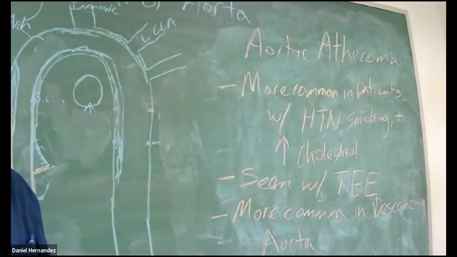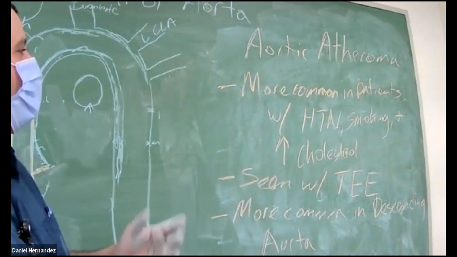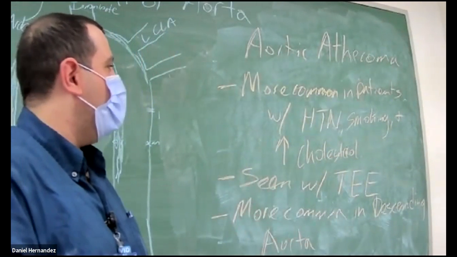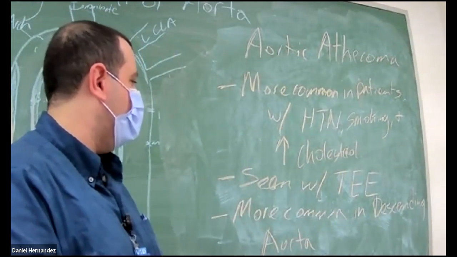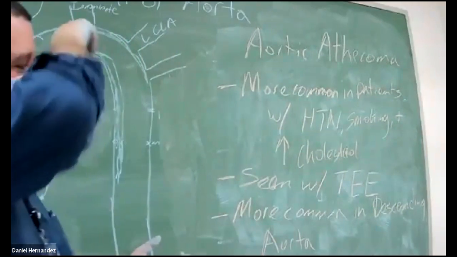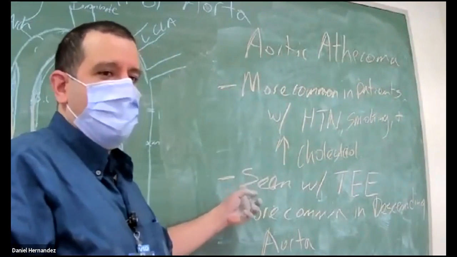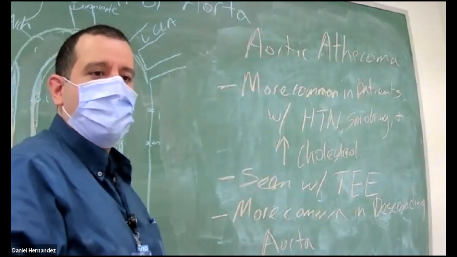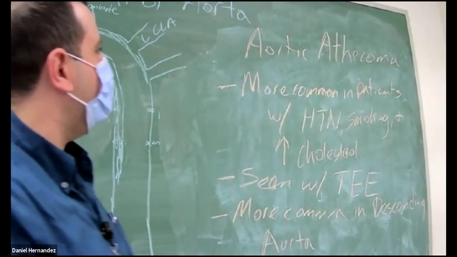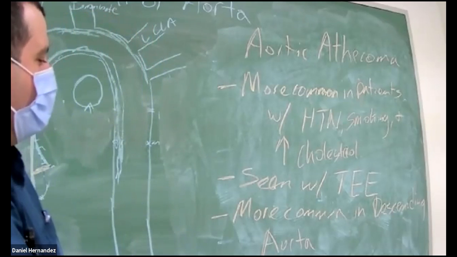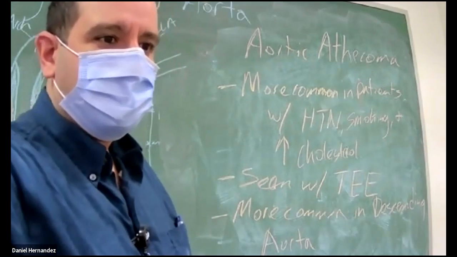This is atherosclerotic plaque, a form of atherosclerotic plaque that's more common in patients with hypertension, smoking, high cholesterol. We typically don't see them until we do a TEE. And usually the reason we're doing a TEE is we're suspecting embolus or thrombus. So we're going in doing this TEE, assessing for thrombus, and then we discover these aortic atheroma. They're more common in the descending aorta.